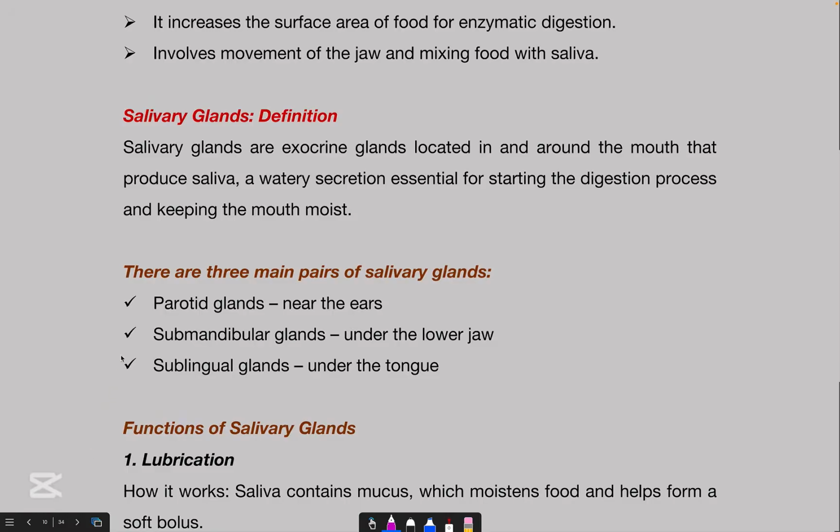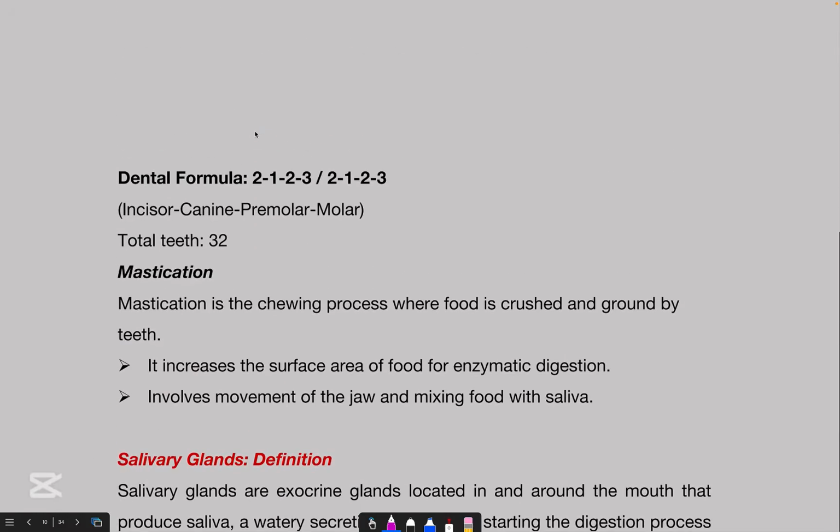Now, the dental formula. The dental formula for man is 2123. Note this: 2 over 2, 1 over 1, 2 over 2, 3 over 3. This is the dental formula for man, for incisors, canine, premolar, molar, ICPM: 2123.